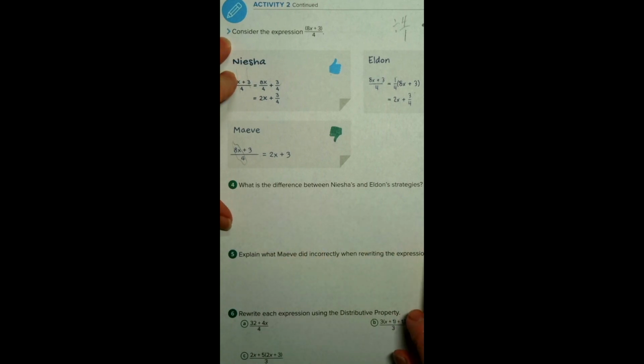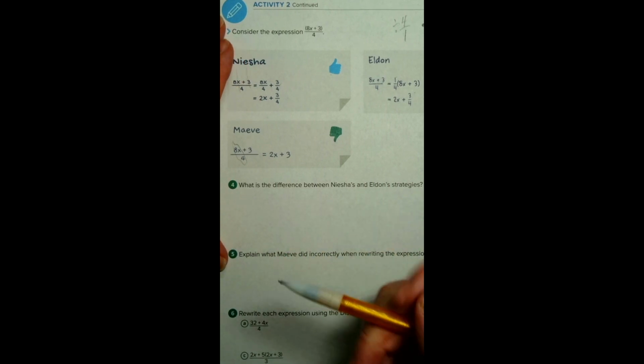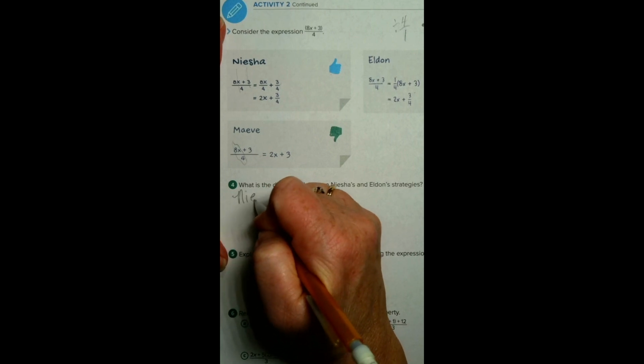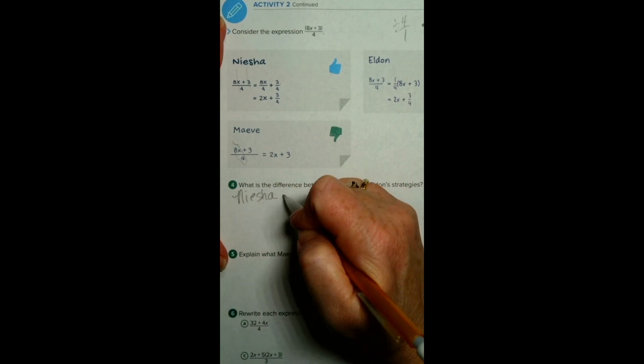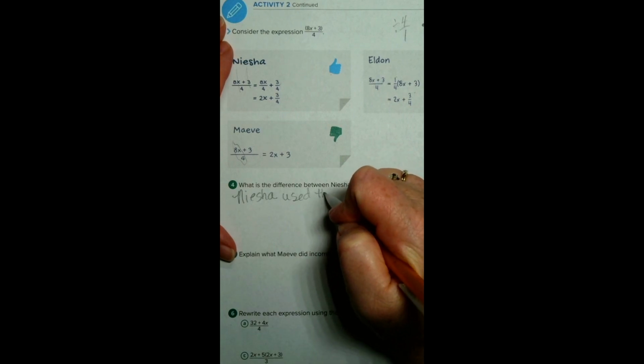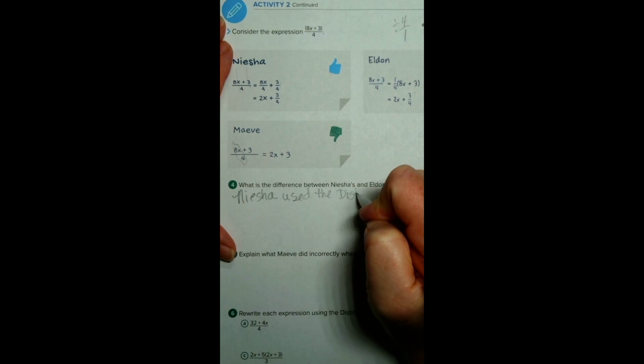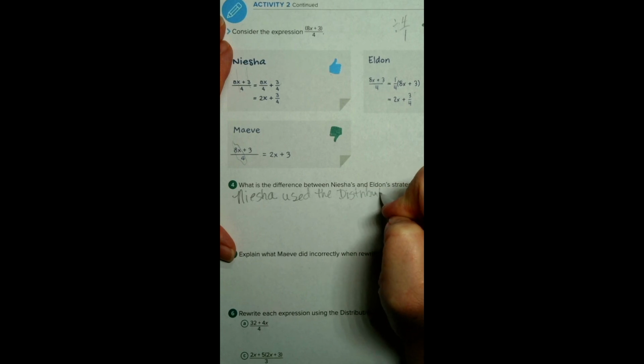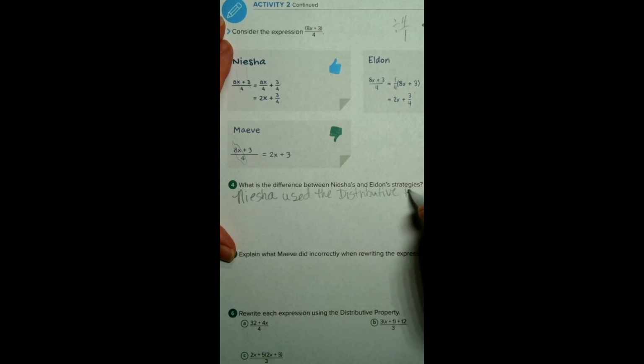So what is the difference between Nisha and Eldon's strategies? Nisha used the distributive property. It's really called the distributive property over division.